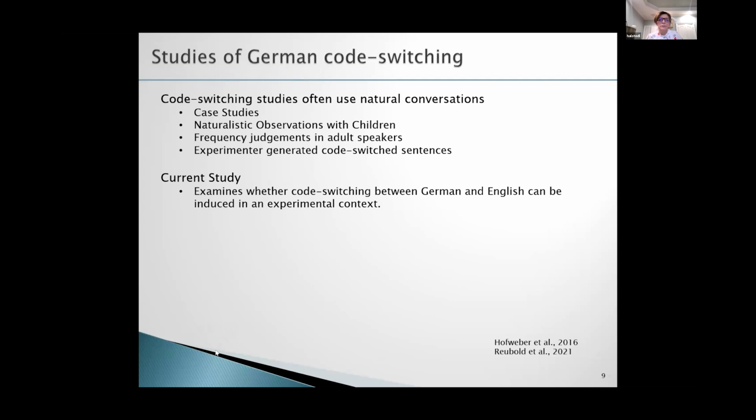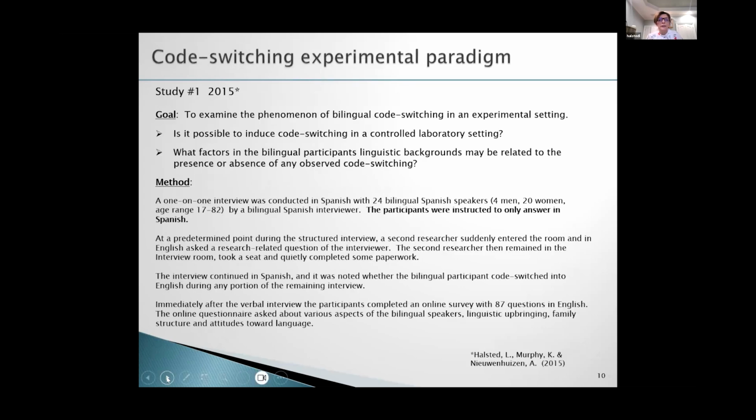I work with my colleague, Dr. Sumutka. So we came up with this experimental paradigm a number of years ago, in 2015, to study whether or not it is possible to make code switching happen under laboratory conditions. So, to bring on code switching among bilinguals.